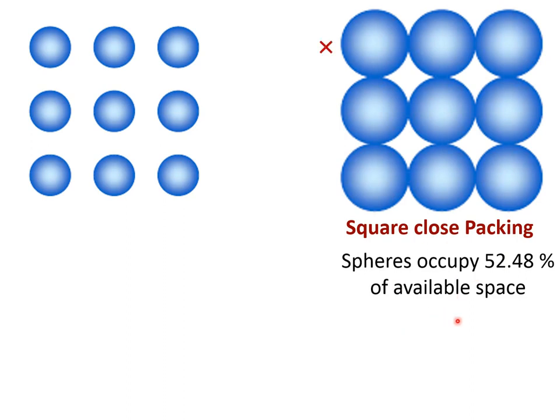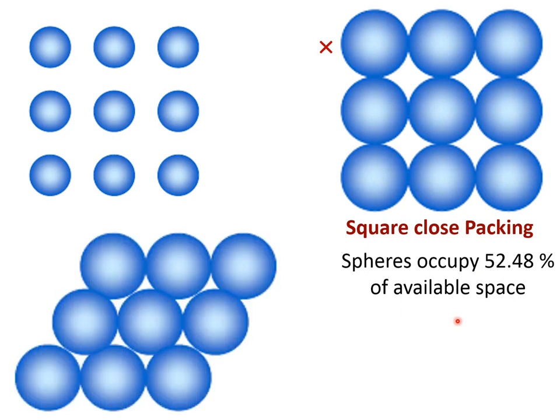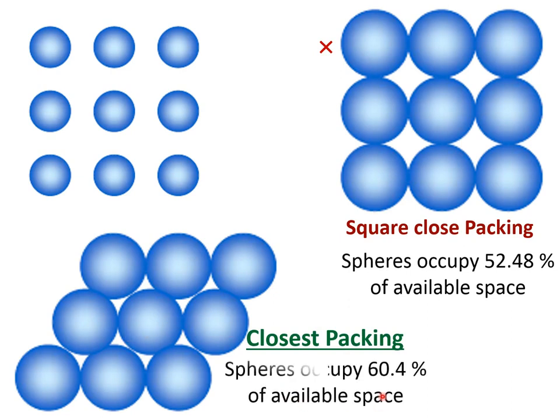But look at this. If you slide the rows a little for every row, you will have very small triangle voids between the particles together, okay? And this is called the closest packing. So the packing efficiency of this type can achieve something about 60.4 percent of the available space.